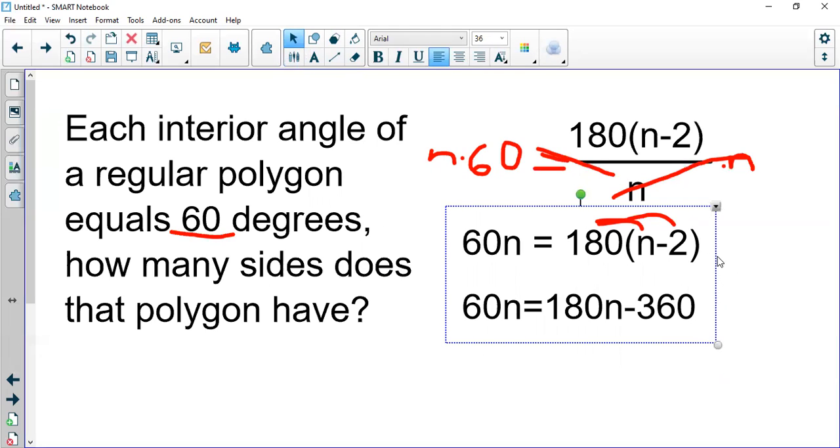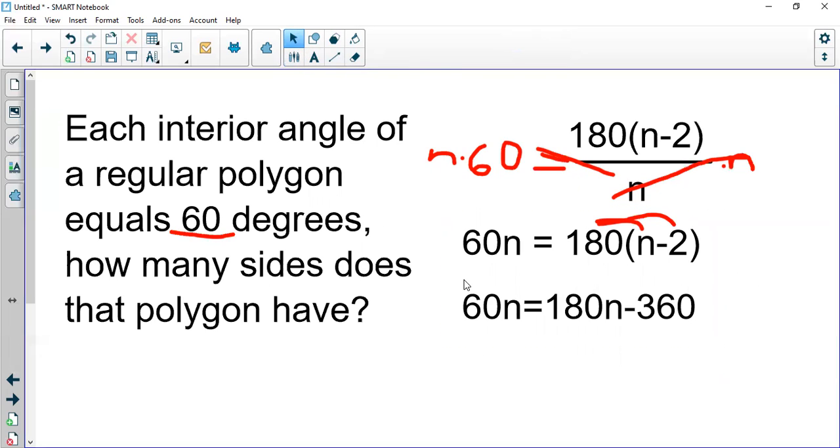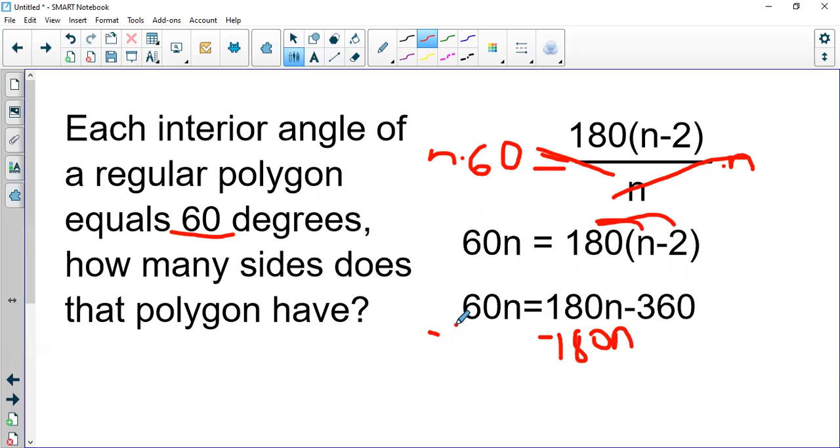And now I'm going to subtract 180n from both sides, because I'm combining my like terms on both sides. This is our solving equations that we practiced with the PSAT. So minus 180n, forgive my writing, not too great with the mouse.